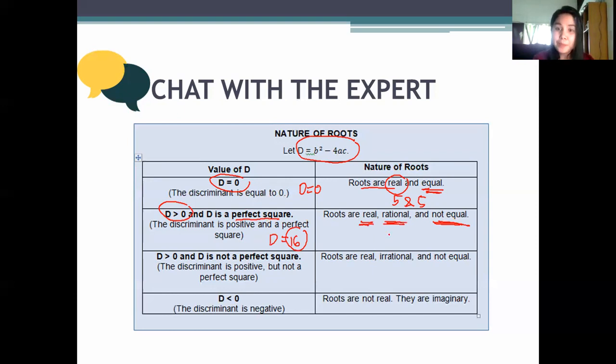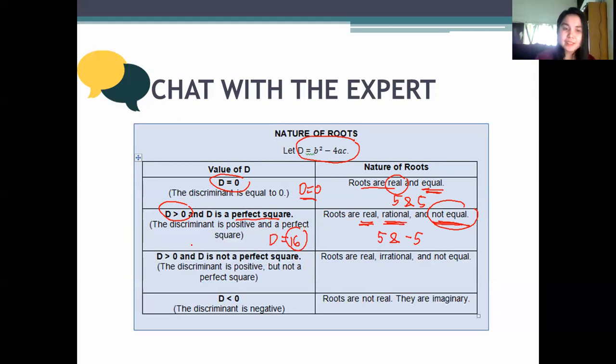Let me give an example of roots that are real, rational, and not equal. 5 and negative 5. If these two are the roots of your quadratic equation, then they are both real, they are both rational, but they are not equal. They are not the same. Unlike the first one, when the discriminant is 0.